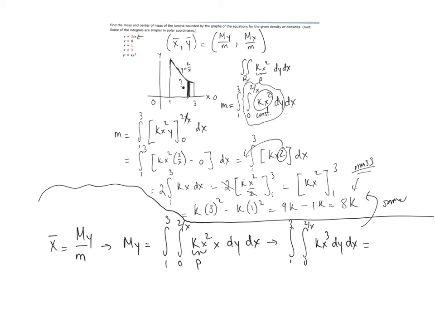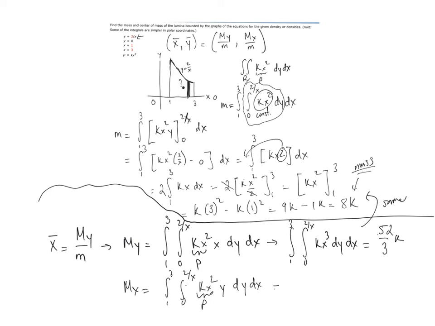If you just do the integral, you would get the moment of y is 52 over 3 k. And then the moment of x will be the integral from 1 to 3, 0 to 2 over x, of k x squared, this is your rho, and add in an extra y, dy dx.